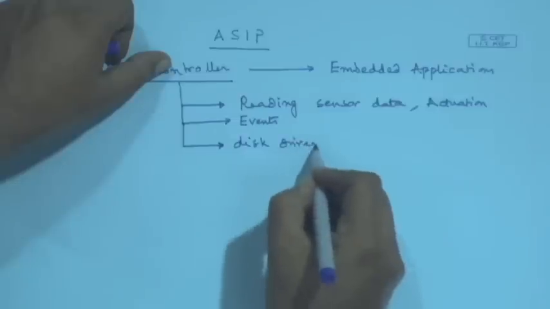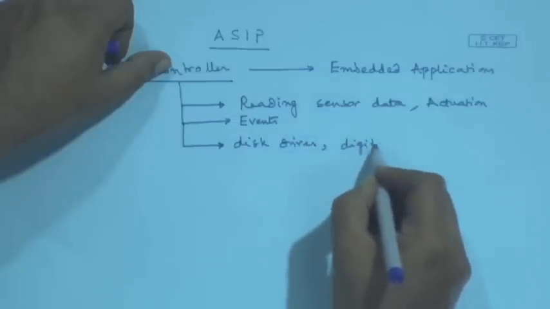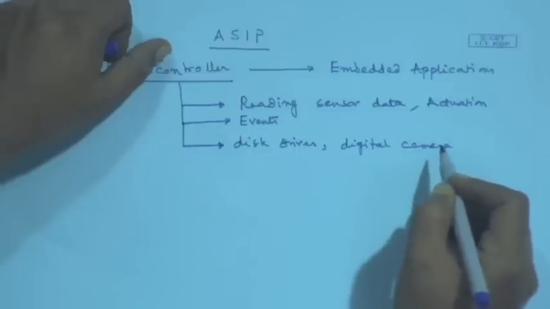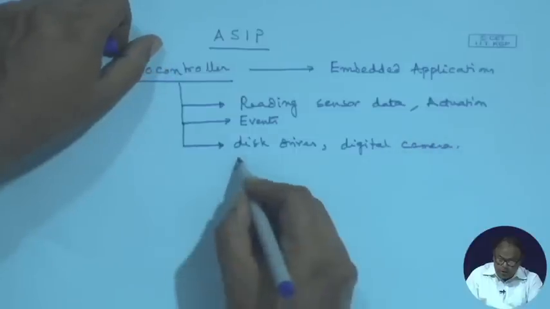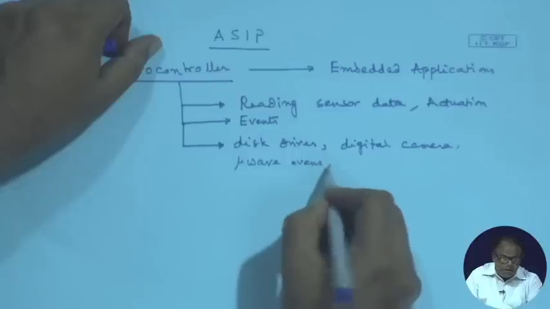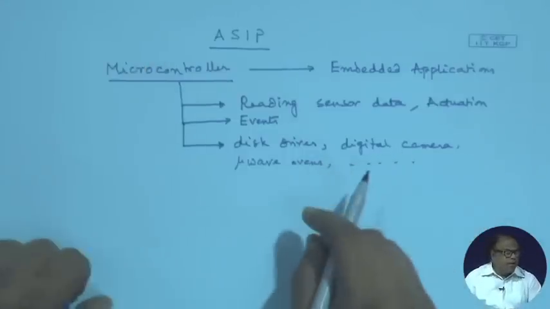But now, say for example, in disk drives, in digital cameras, even in microwave ovens, washing machines, all those things have got microcontrollers.